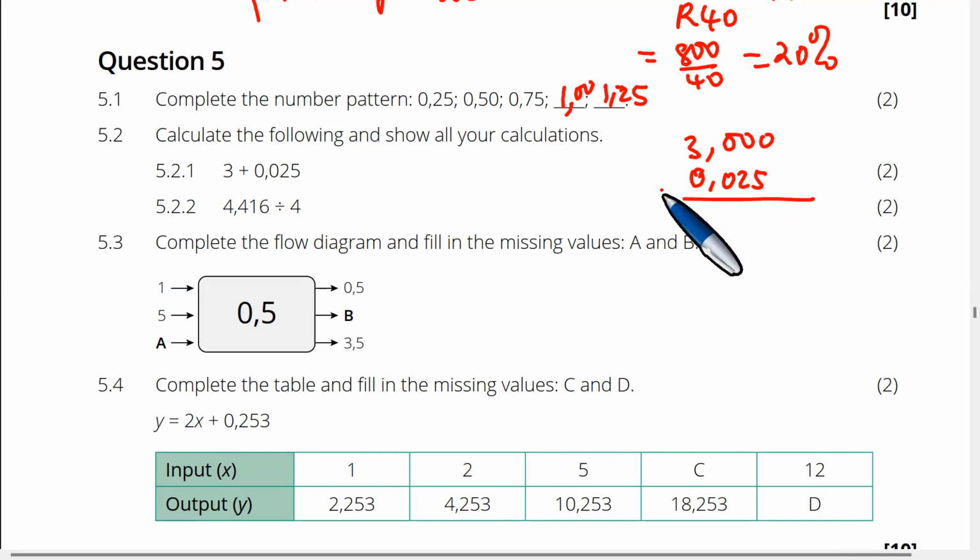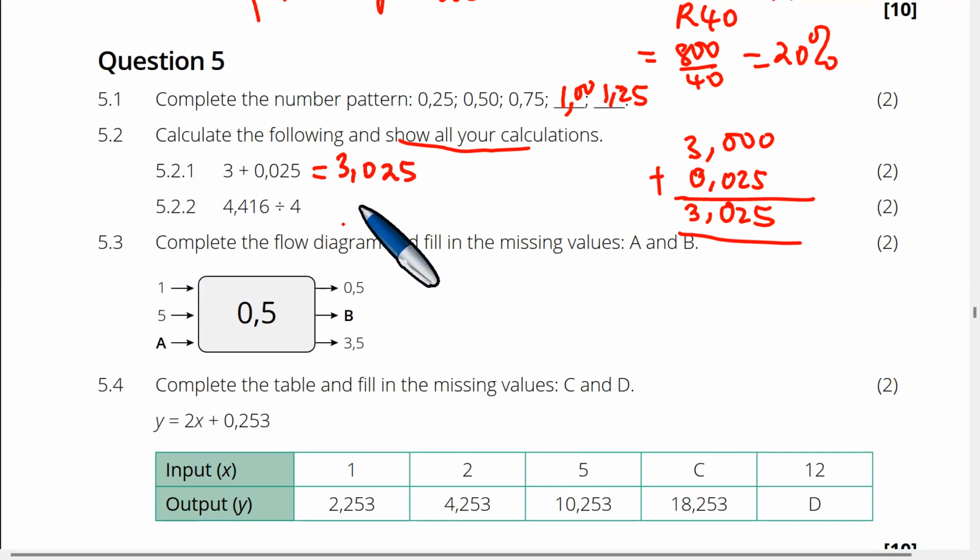Then you add them like this. That is what we mean by showing your calculations. So you add 0 plus 5, you get 5. 0 plus 2, 2. 0 plus 0 is 0. 3 plus 0 is 3. Then this is the answer. So the answer here is 3.025.